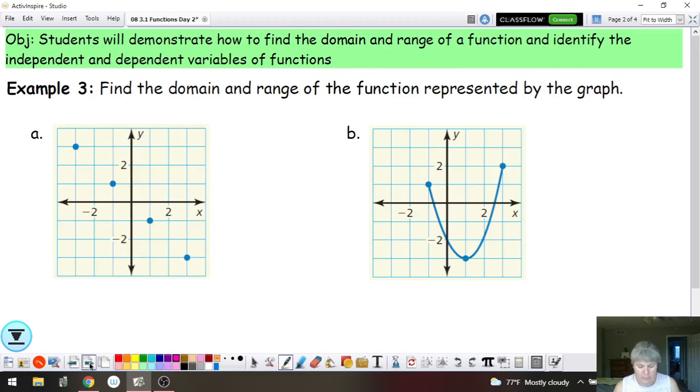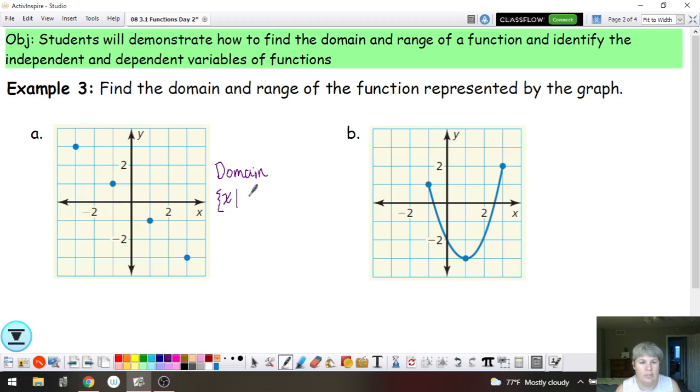So we can identify domain and range by looking at our graphs, and if it's a set of points, we will list numbers. So the domain of graph A is the set of x values.